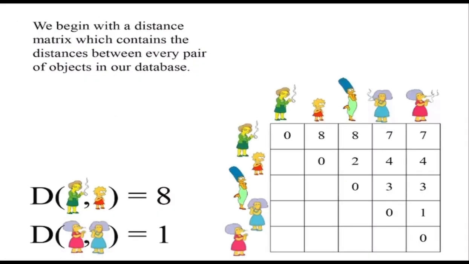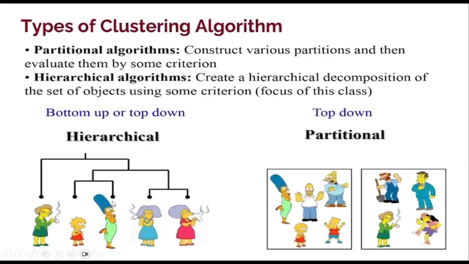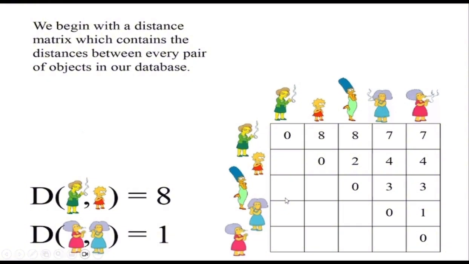The whole thing is going to start with a matrix. Imagine, for instance, I have 5 individuals. I'm just trying to tell you how we construct this or how we partition that. So it's going to start with a matrix. Let me just say the number that you see here is the distance between them. The distance between an object and itself is 0.